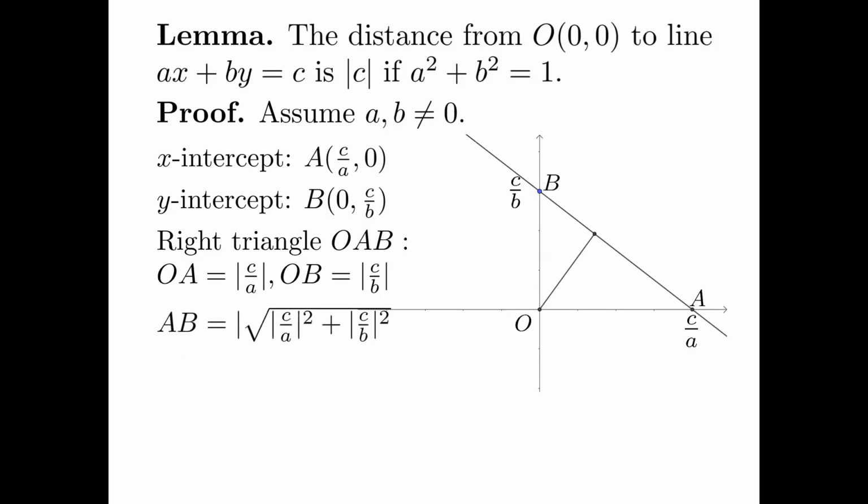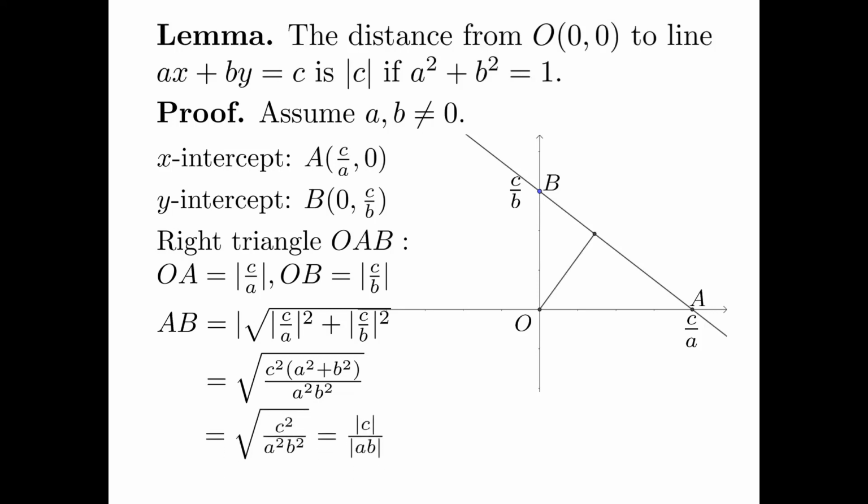By the Pythagorean theorem, the hypotenuse AB would be the square root of the square of the x-intercept plus the square of the y-intercept. Simplified, the square root of c squared times (a squared plus b squared) divided by a squared b squared. However, we know the equation is a normal equation, meaning a squared plus b squared equals 1. This can be further simplified.